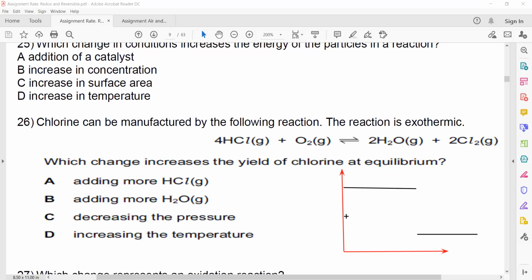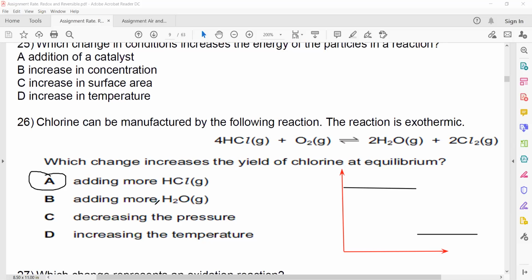So what could be the answer for question 26? Yeah, that's right. A is the correct answer.